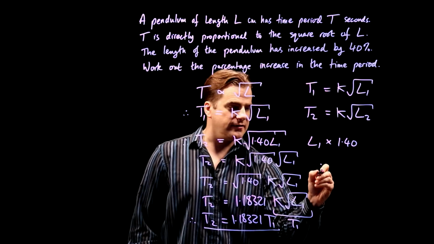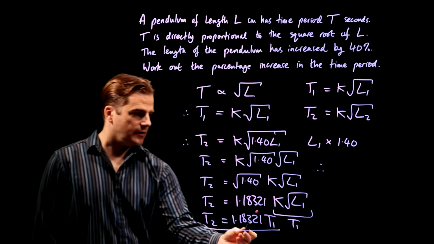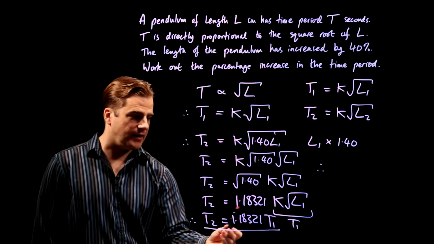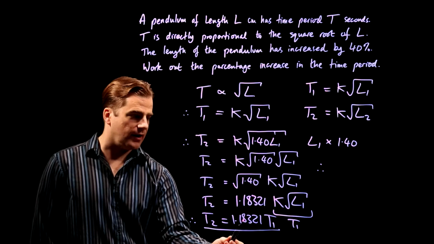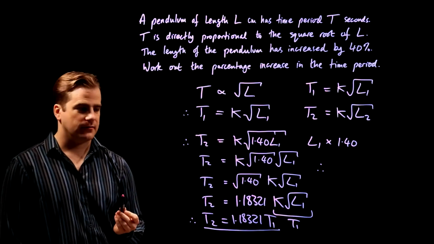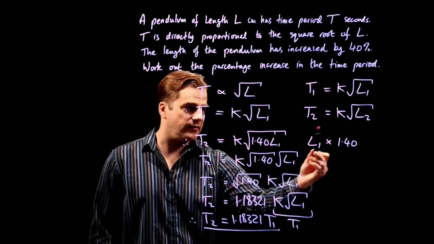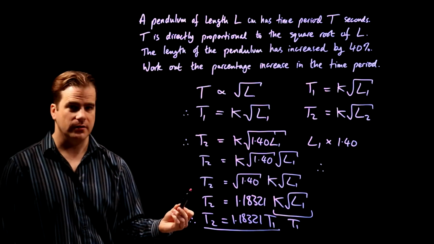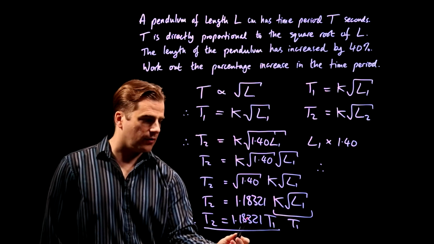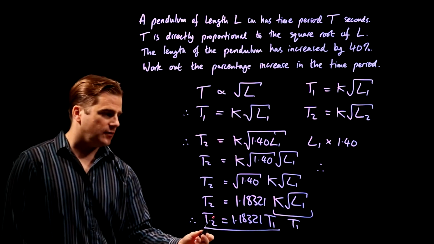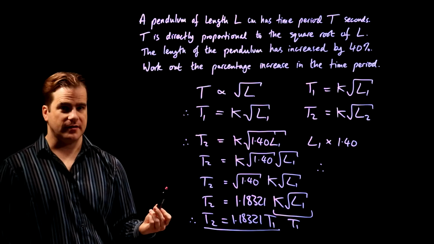So therefore, we can say that the old time period has been increased by 18.3%. Because similarly, increasing L1 by 40%, you multiply by 1.40. If you multiply by 1.183, you're increasing by 18.3%.